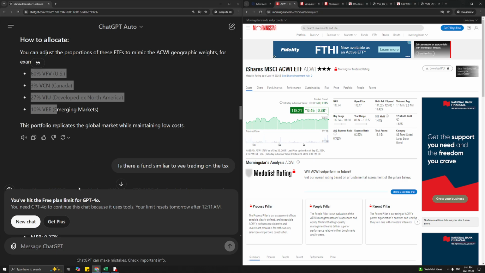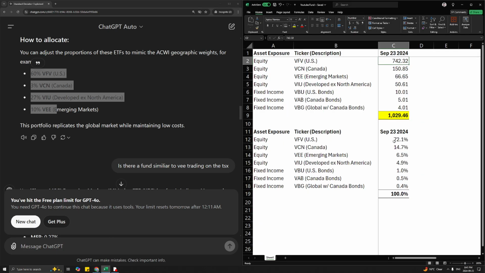Based off that list, we then changed up the allocation based off of our choices, right? I already gave my reasoning. And then we also added some fixed income to this portfolio to reduce the maximum drawdown.